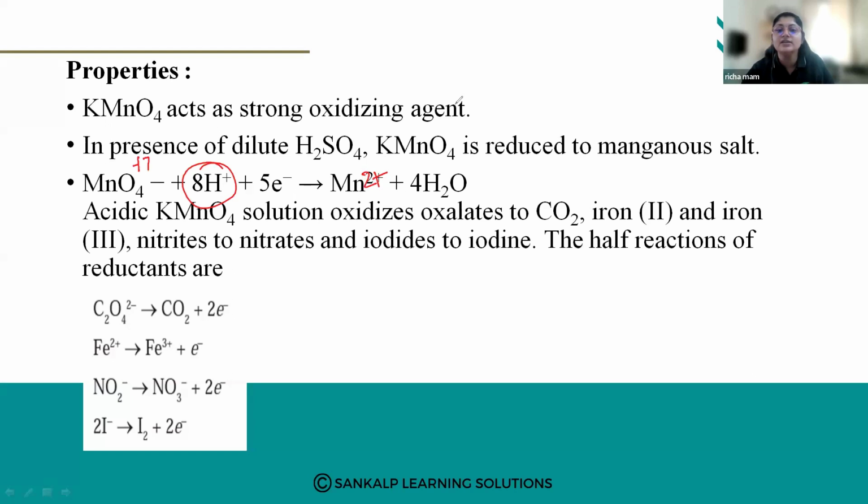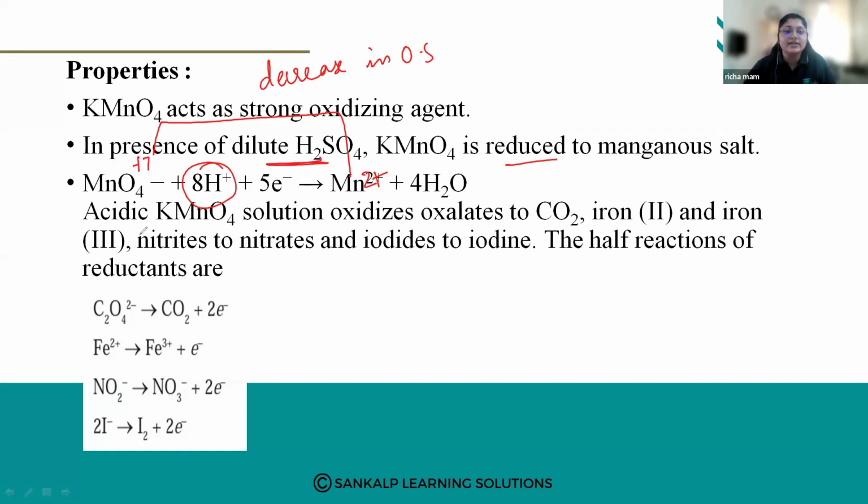Reduced means a decrease in oxidation number. A decrease in oxidation state or oxidation number is said to be a reduction. So from +7 to +2, in the presence of sulfuric acid, it is getting reduced to a manganese salt.